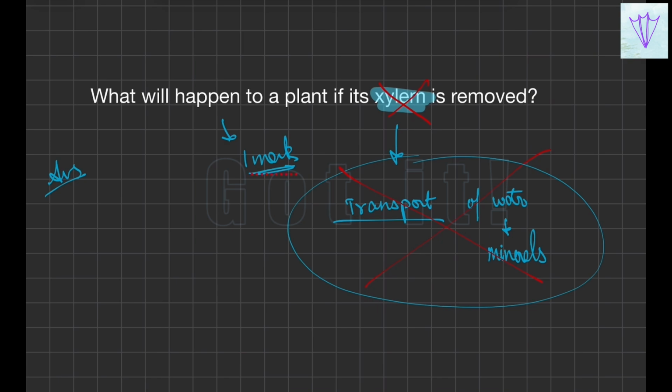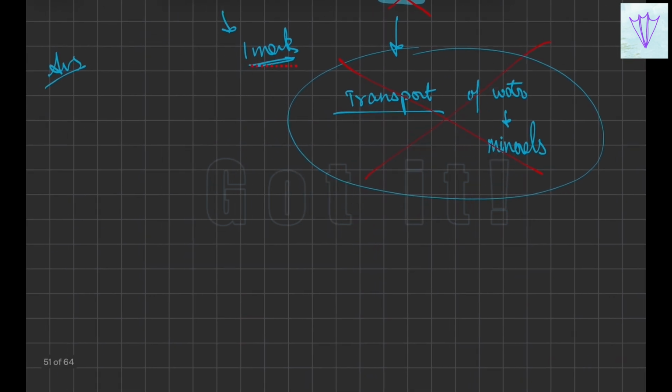As simple as that. The plant will lose its ability to transport water and minerals from the roots to its leaves. The water will not be supplied sufficiently to all the different parts of the plant, and it will not be able to receive the necessary nutrients and water.